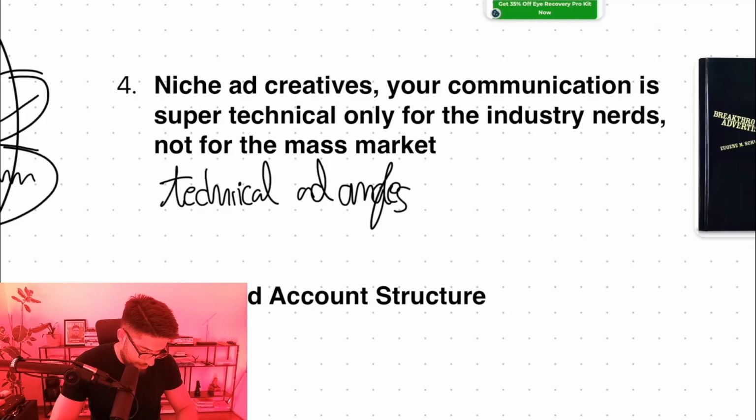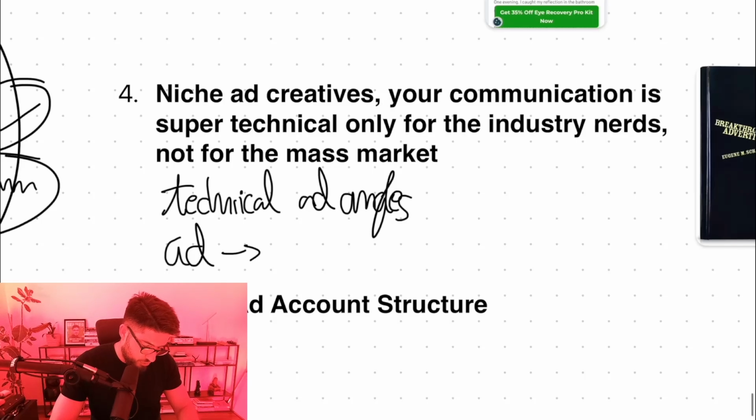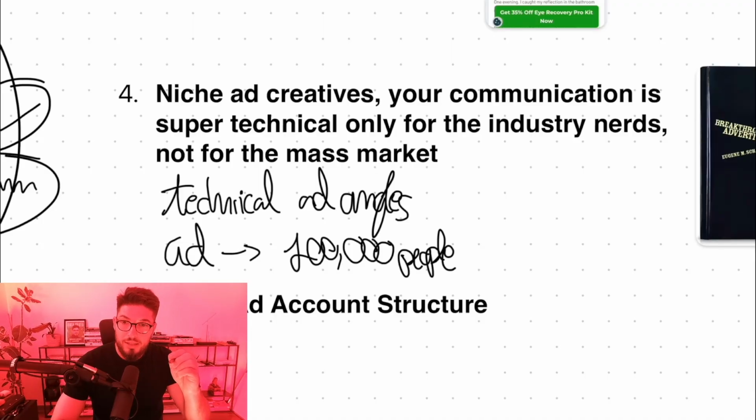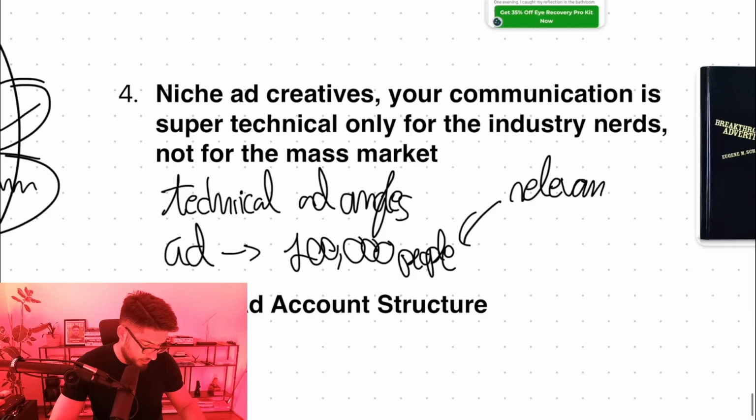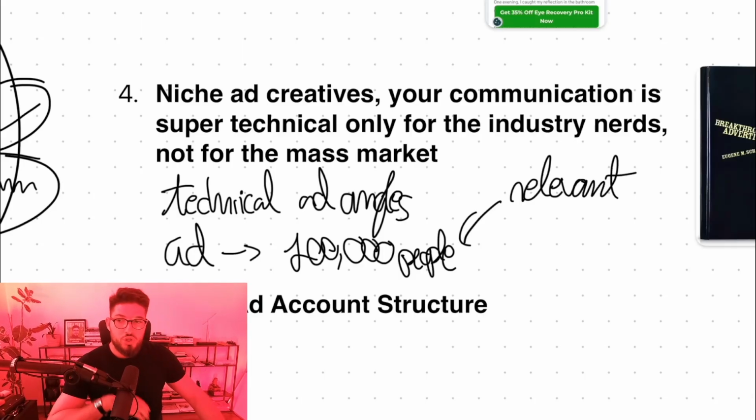So if my ad has to reach today 100,000 different users, I want these 100,000 people to understand my ad, all of them. And I want my ad to be relevant for all of them. So if I start putting super technical content, words and everything, half of these people are gonna be like, what is this?